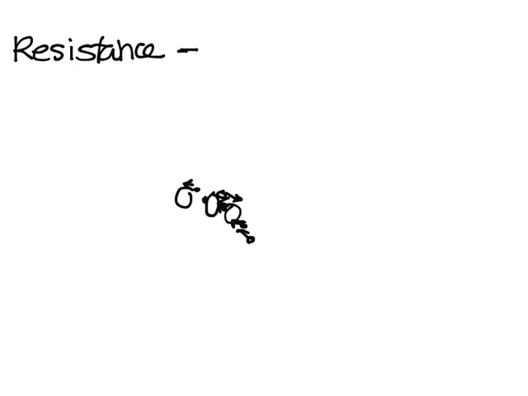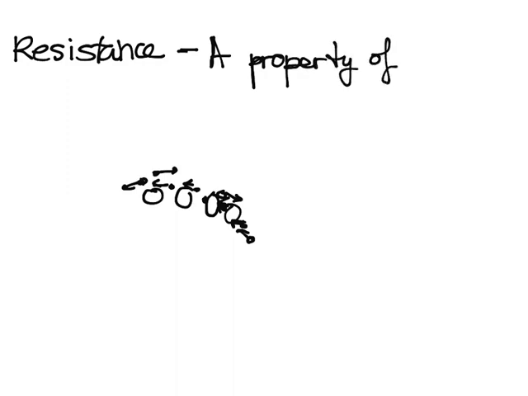If this is our wire, our electrons are mostly going forwards, but sometimes they get sent backwards. This idea is called resistance, and it's basically a property of the material or the object electrons are trying to flow through.